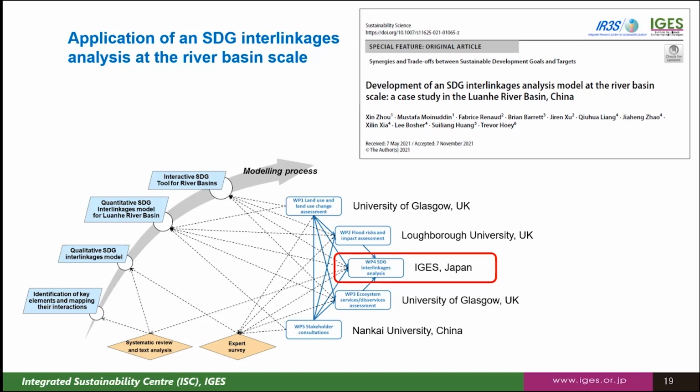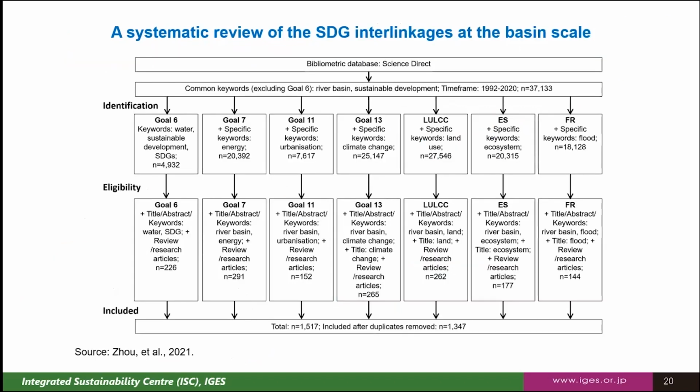One of the components is on SDG interlinkages analysis. For understanding the SDG interlinkages at the river basin scale, we conducted a comprehensive systematic review of more than 1,300 references searched from ScienceDirect.